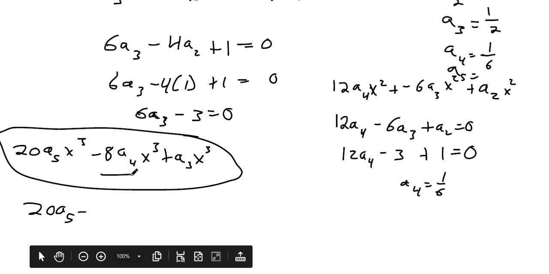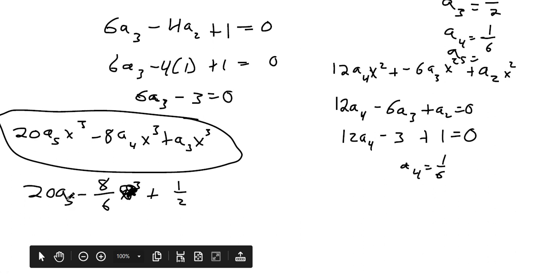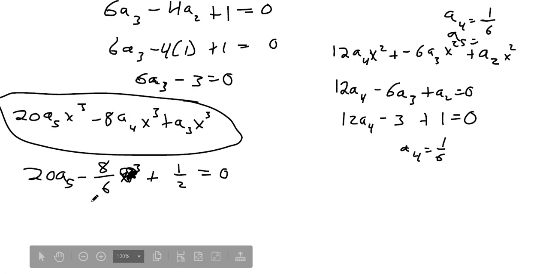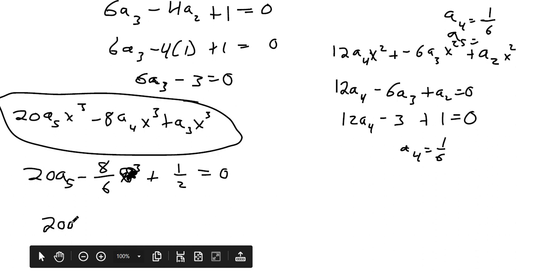And we already know what a sub 4 is. That's 1/6. We know a sub 3 is 1/2. Just look at the coefficients. So now we have something to solve for a sub 5. Got some fraction work going on.